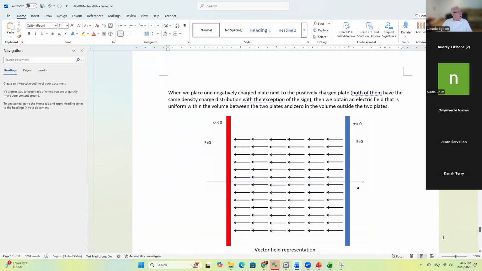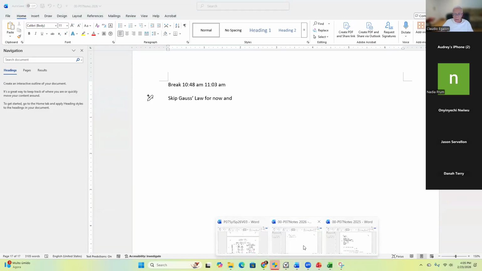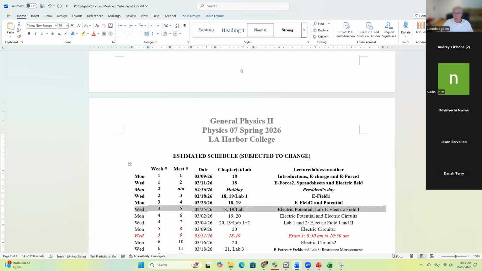Okay. What I want to do now is go back to the idea of the electric field. We're going to skip Gauss's law for now, and we are going to talk about the electric potential, electric potential 1. Then we're going to go back.